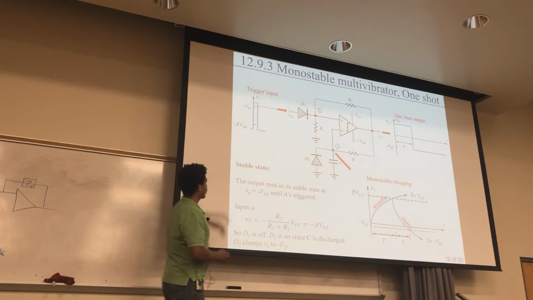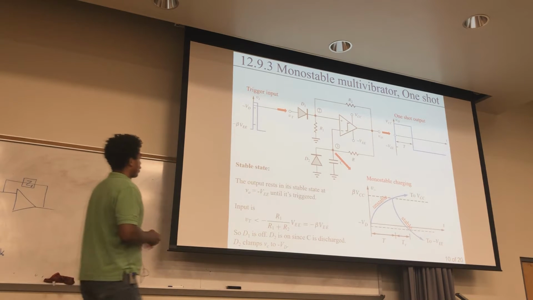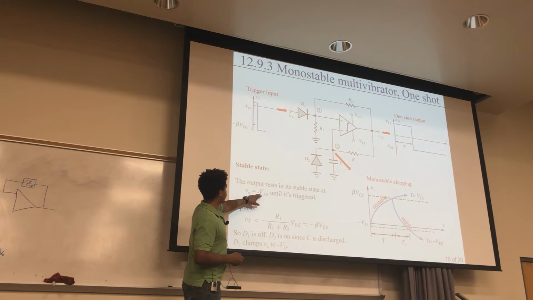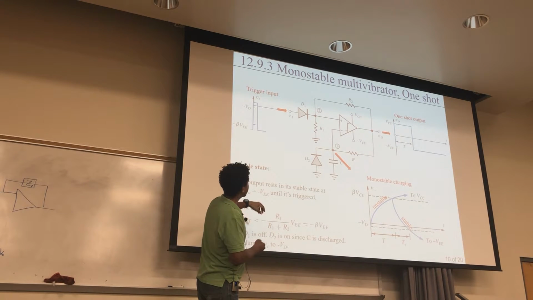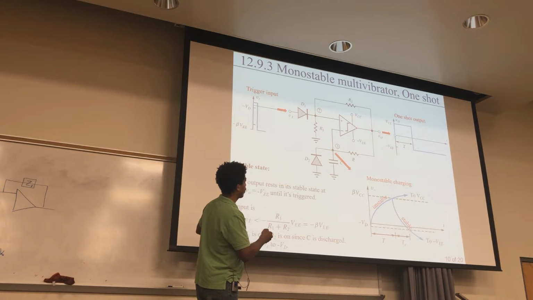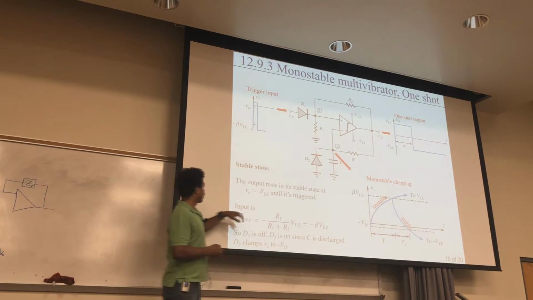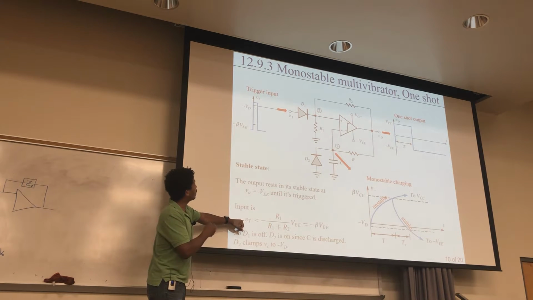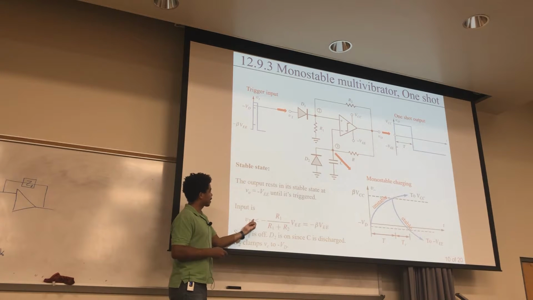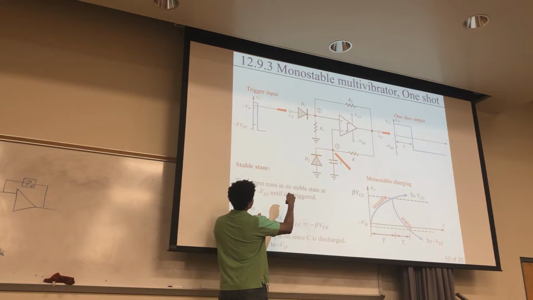Okay, so here's what's happening at a stable state. At the stable state right here, the output rests at V out equals negative VEE. That's when it's down here. This is stable. So it's resting at negative VEE. And this input right here, this VT, is less than the voltage right here.